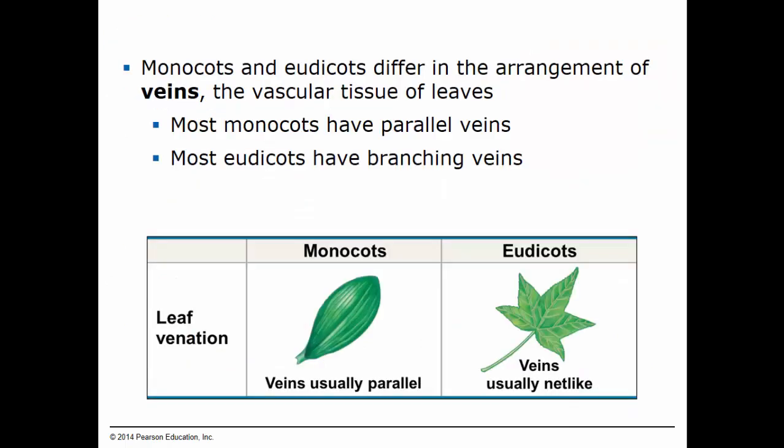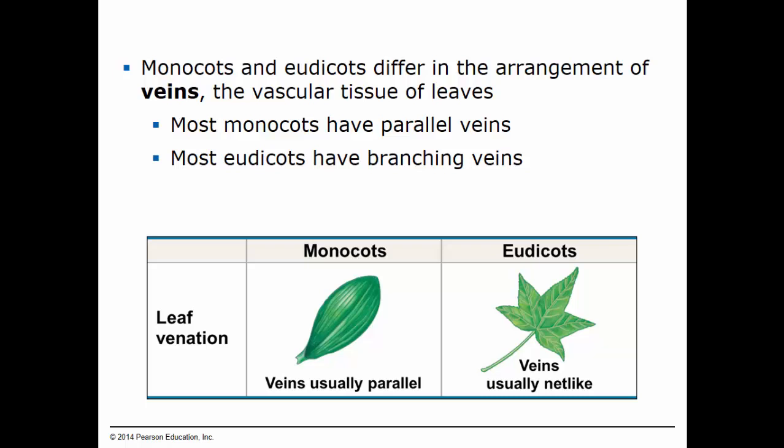When we look at the leaves of monocots and eudicots, we notice that the veins are arranged very differently. Okay? Veins are part of the vascular tissue and they run through the leaves. They need to deliver water and minerals that came up from the root system, and they also need to transport the sugars that the leaf produces back to the other parts of the plant.